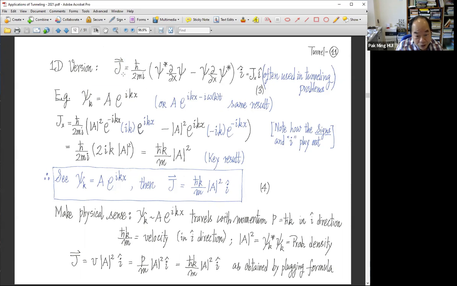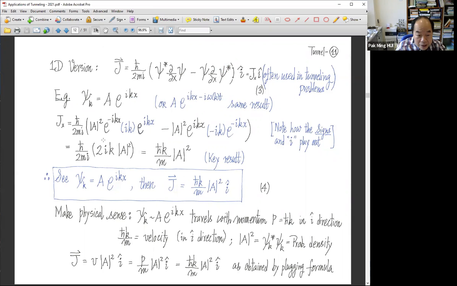Now this is an interesting situation because traveling to the right, so incident, okay? So what is the probability current density? Well, we plug this into all these places and do the derivative, all right?